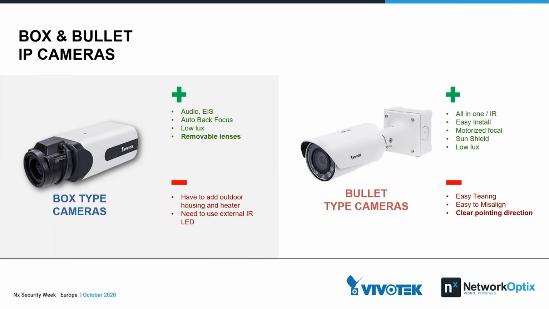The second one, on the right, is a bullet type camera. This camera is a bit the same, but all in one. It means that you have everything in the body of the camera. It's protected with a metal housing, so against rain, against dust, against vandalism.